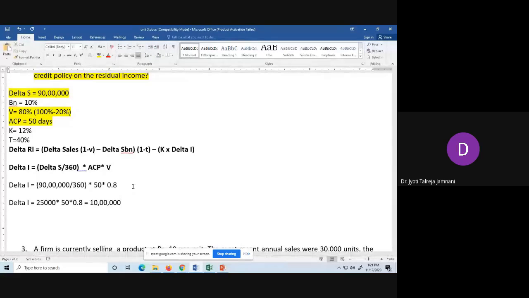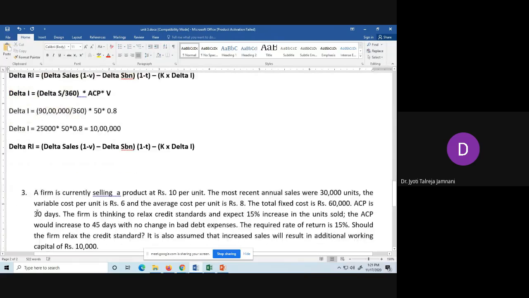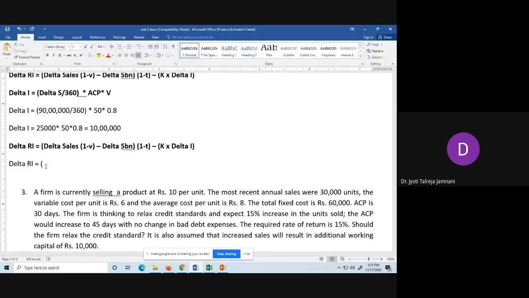Now that we have the delta I value, we can find the delta RI value, that is nothing but the change in the residual income. So delta RI is equal to, first is delta S, that is 90 lakh change in the sales, into 1 minus variable cost. So 1 minus 0.8. 0.8 is the variable cost.